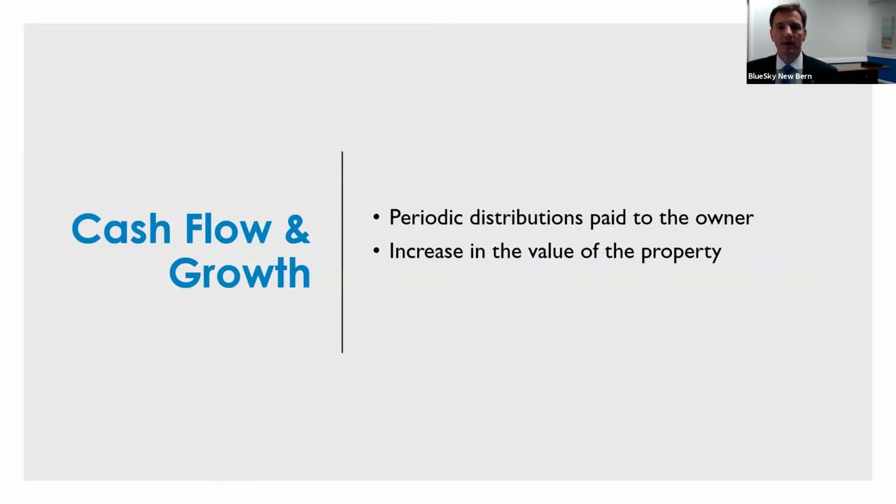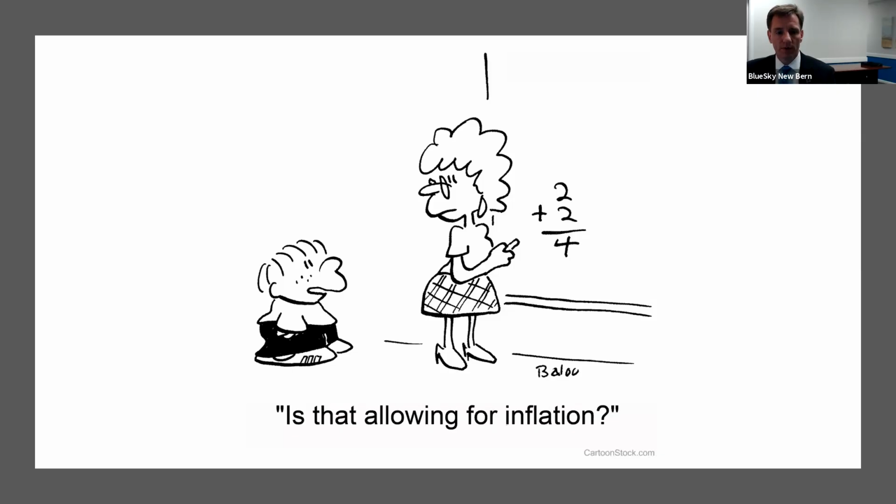Then on top of that, you have the opportunity to add value to the property and increase its value, as Tom and his crew do, to obtain a capital gain when you ultimately sell it. Now, a lot of the growth potential and appreciation potential in real estate is made when you buy it. So making sure that you buy the property at an attractive price is very important.